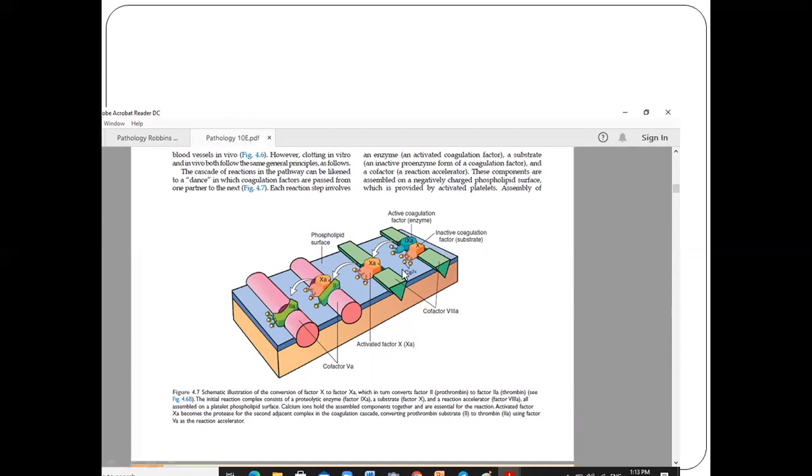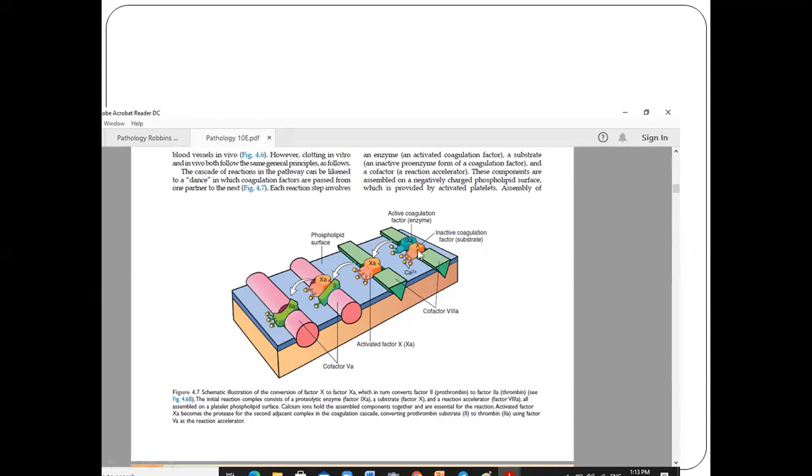And the reaction accelerator is factor 8A, this green color. All are assembled on the platelet phospholipid surface. This yellow-brown box is the platelet phospholipid surface.